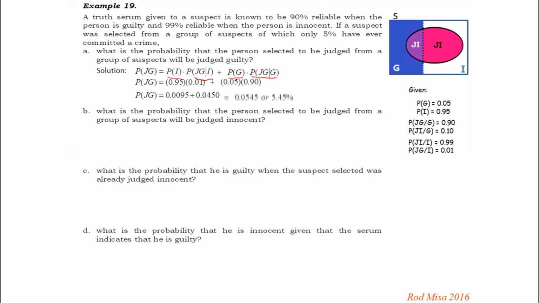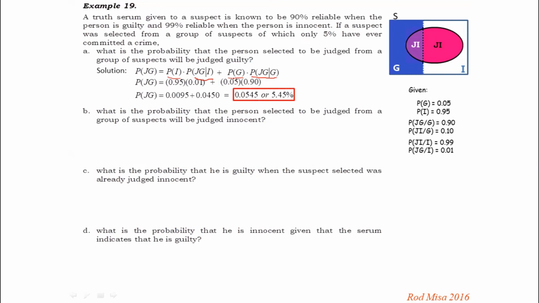So adding these two decimals, we have 0.0545, or in percentage, that is 5.45%. In other words, there is a probability of 5.45% that the suspect will be judged guilty here.